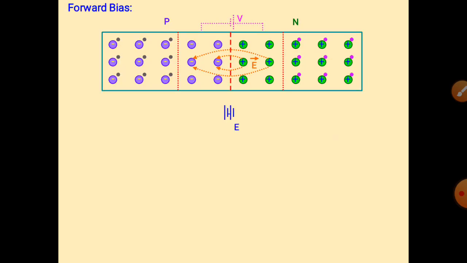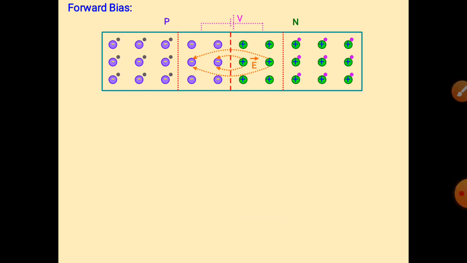Now we have two biases in a PN junction diode, depending upon us. The two types are forward bias and reverse bias. First, forward bias. What is the meaning of forward bias in a PN junction diode?